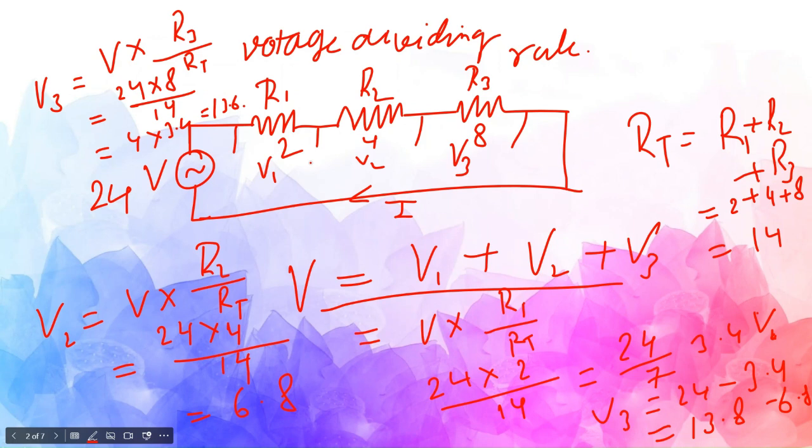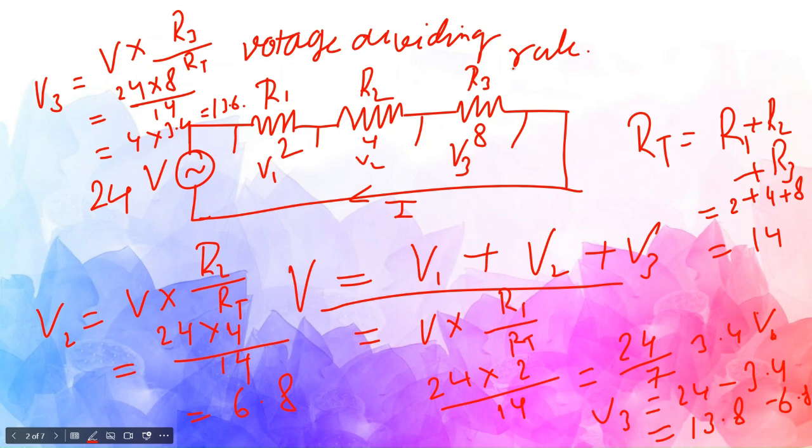So this rule is called voltage divider rule. Just remember this, because many a time in practical cases you need to find out small values, like the voltage rating of a component. Let me tell you the exact use.